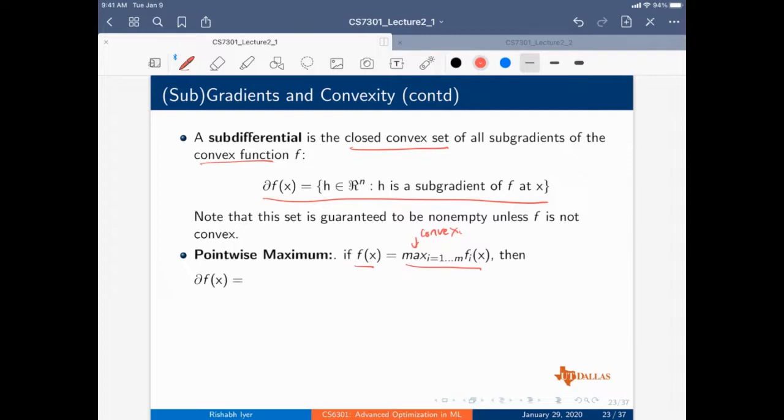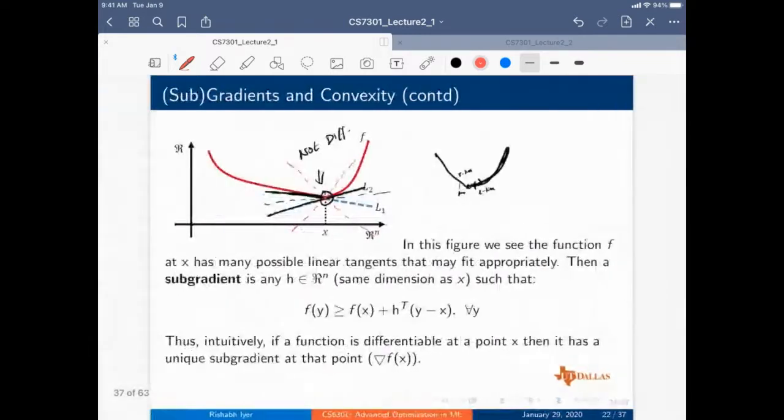So think of it from this perspective, that you have two functions. In fact, this function over here can itself be seen as a max of two functions, because you have this function over here, which maybe goes something like this, and you have another function here, which goes like this. And you're taking now the pointwise max of both these functions, and you have come up with this, right?